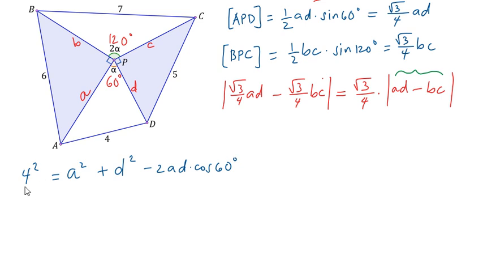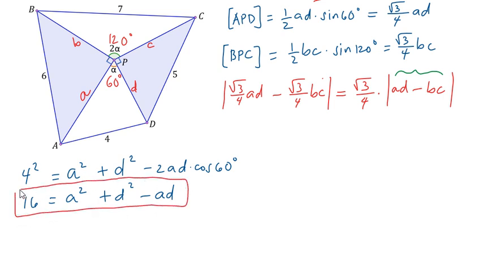So this equation simplifies to 16 equals a squared plus d squared minus AD, and take note that cosine 60 degrees is just 1/2. So let's set this aside and do the same thing to triangle BPC.